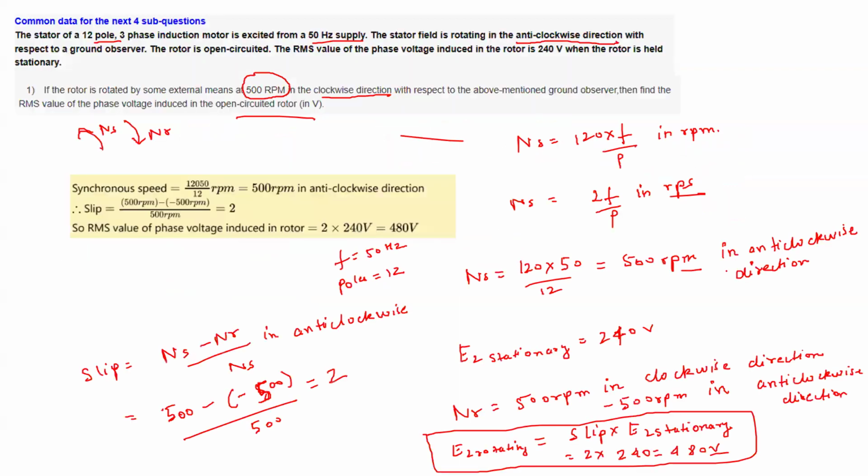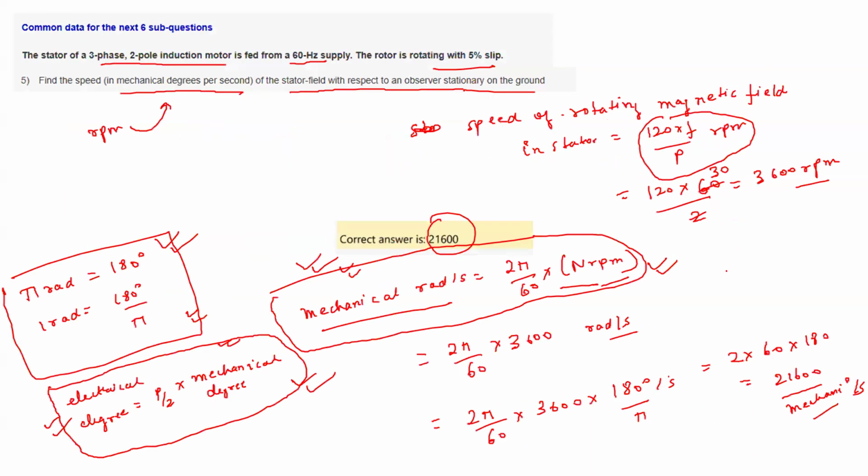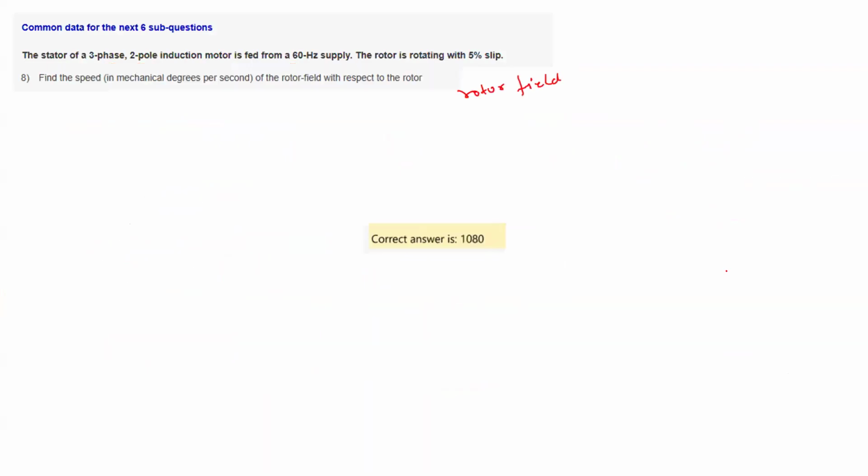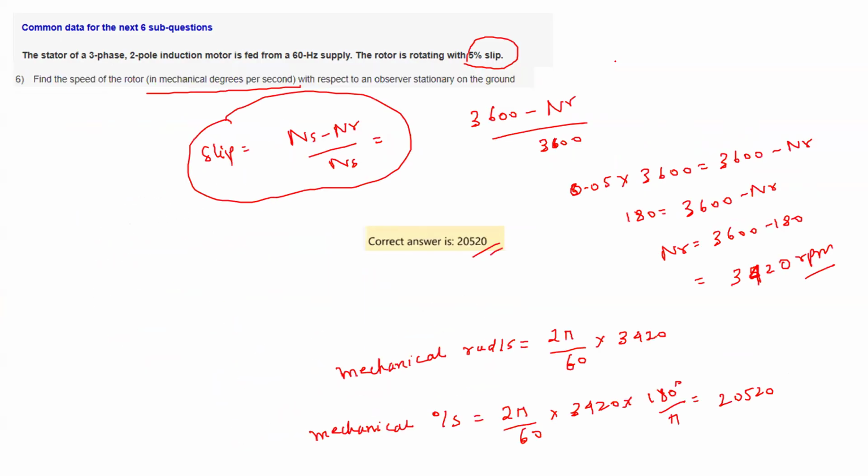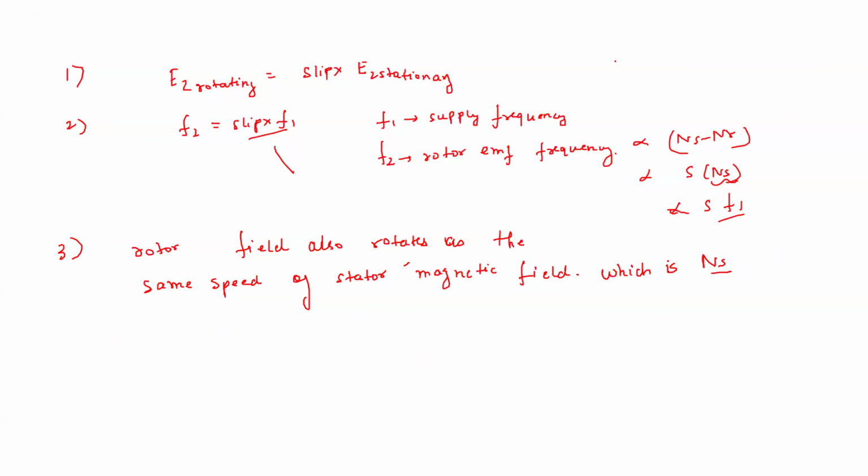So here they're asking you to find the speed of the rotor field with respect to the rotor. Remember that all these things which I have written are Ns with respect to a stationary observer.